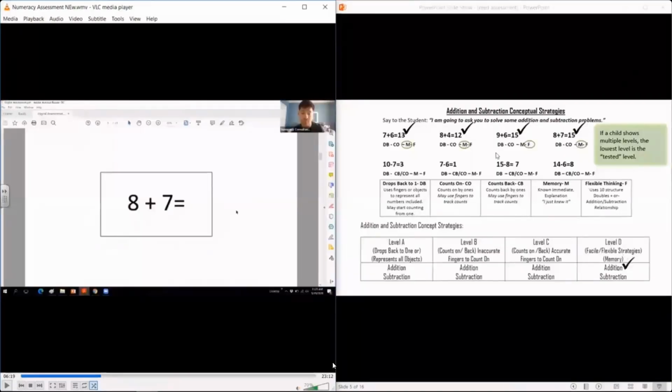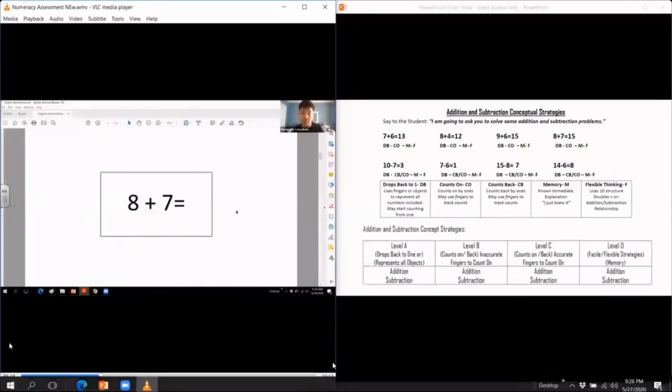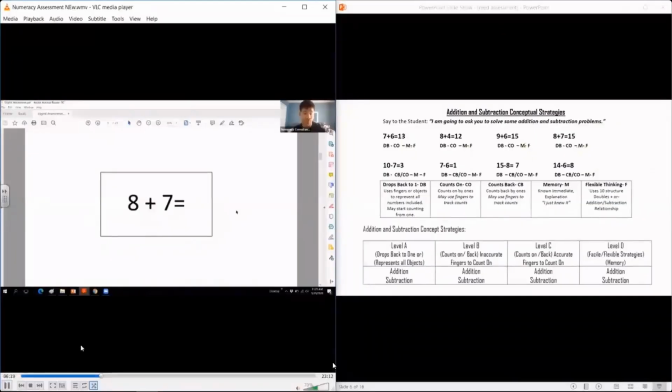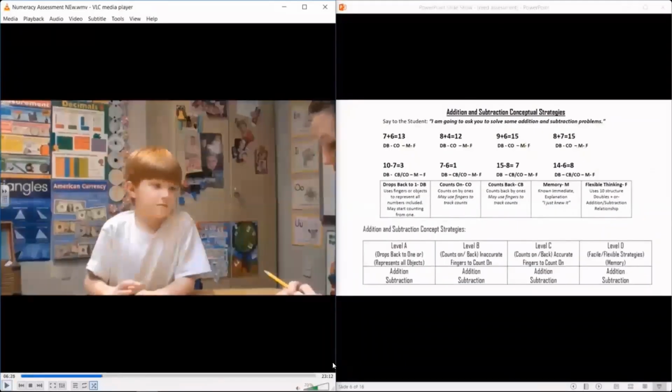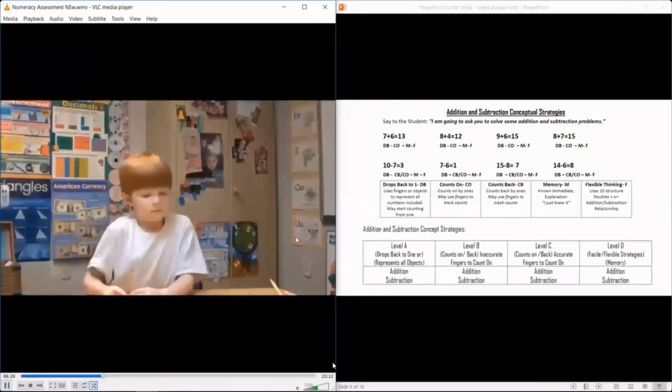All right, now what we're going to do is take a look at a student who uses completely different strategies, okay? All right, Reed, can you count by tens for me? I'm going to ask you to solve some addition and subtraction problems, and as you can see, this is a live test, okay? What is 7 plus 6?